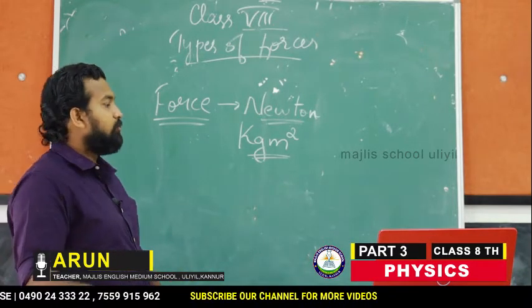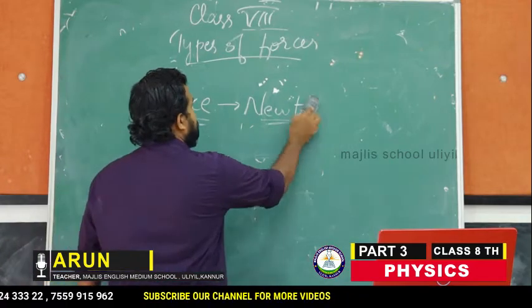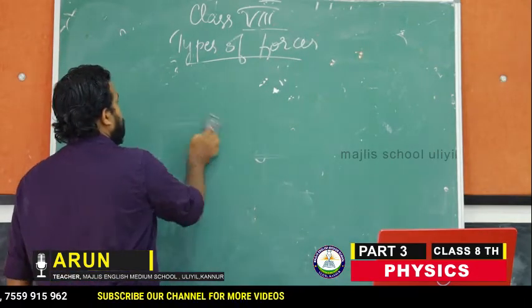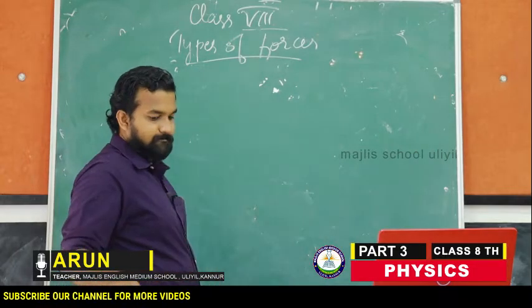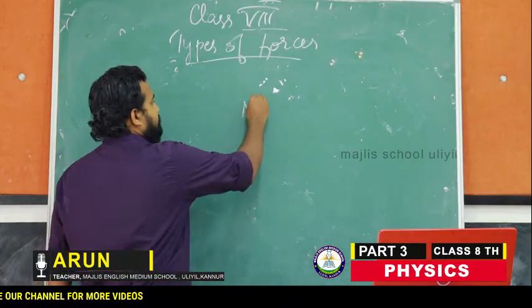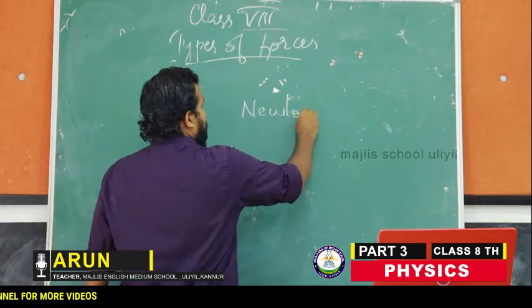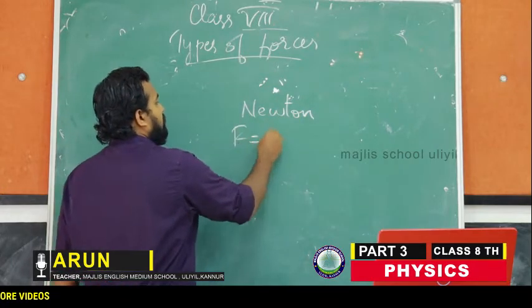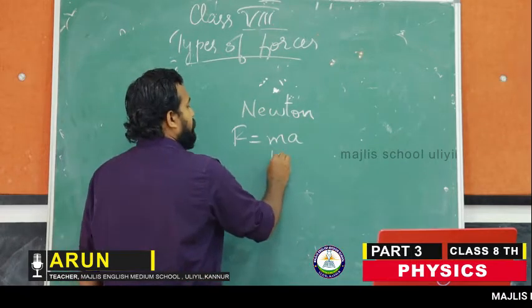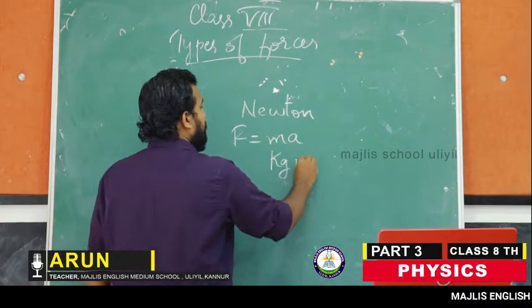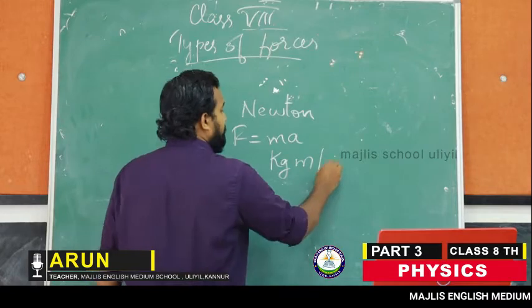So the SI unit of force is very important for us. I have told you it is Newton. The equation of force is mass into acceleration. You will study it. Mass is in kilogram, acceleration is in meter per second square.